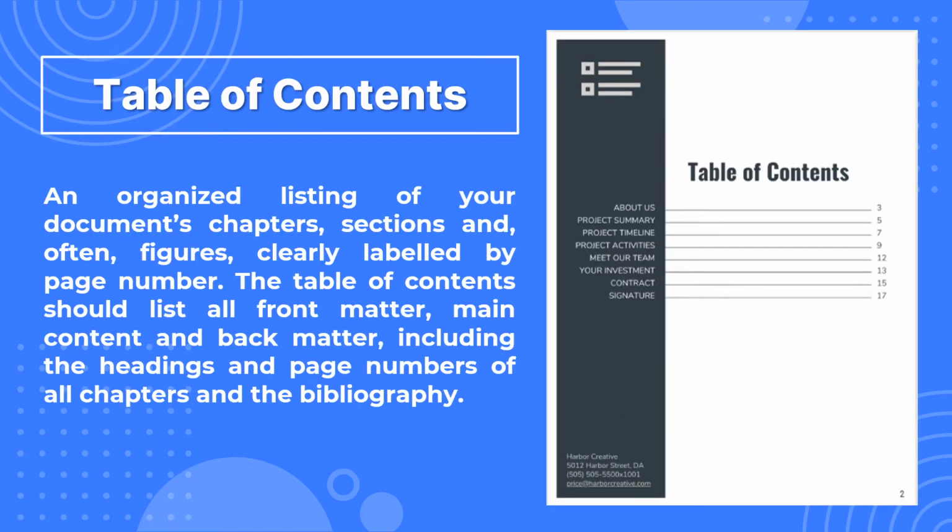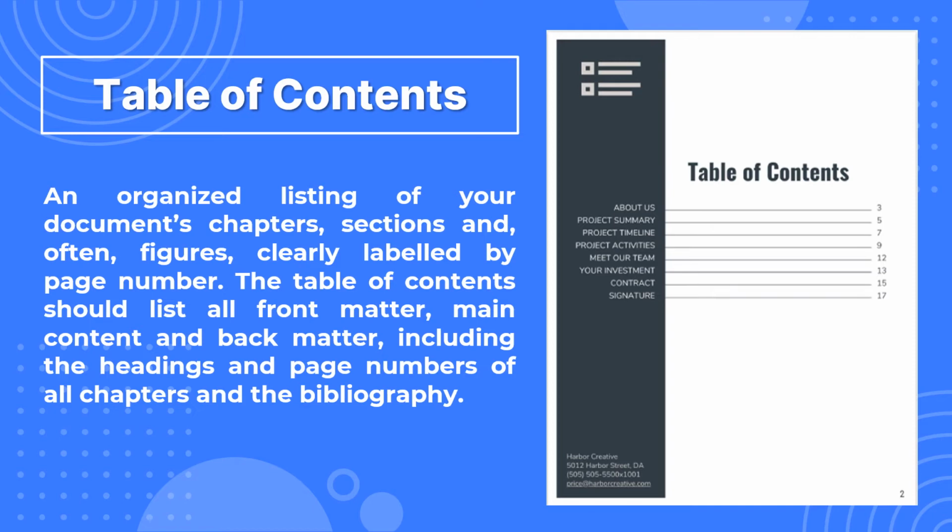Next is your table of contents. It is an organized listing of your document's chapters, sections, and often figures, clearly labeled by page number. The table of contents should list all front matter, main content, and back matter, including the headings and page numbers of all chapters and the bibliography.